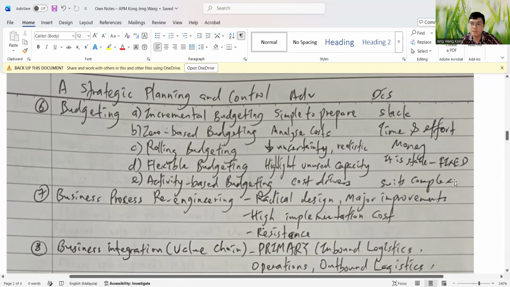Then it will suit complex products especially. Business process re-engineering: radical design, major improvements, high implementation costs, resistance. So these are the keywords under business process re-engineering.